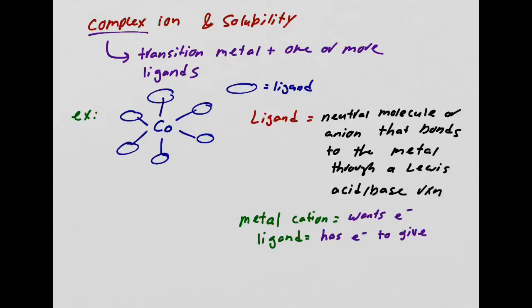So, complex ion, let's go over this together. You have a transition metal, you have a metal cation, and it's going to be surrounded by ligands. Now, why does this happen? This complexation happens because the metal cation wants electrons and the ligand has electrons to give. You guys are good so far?